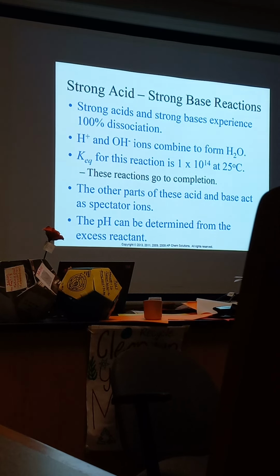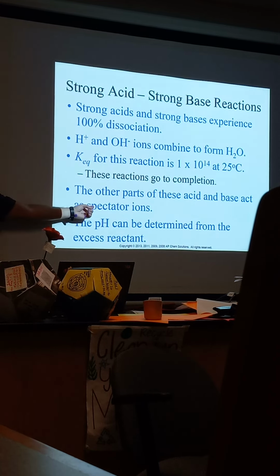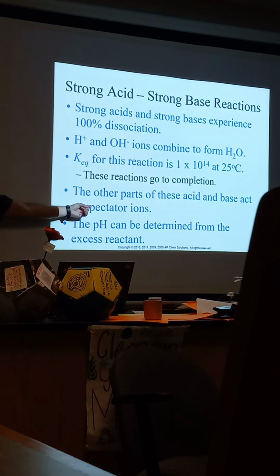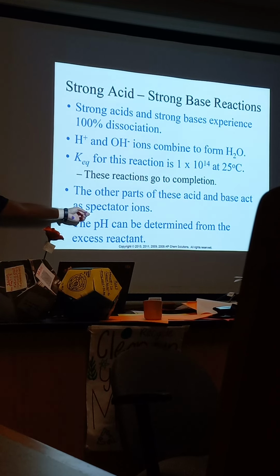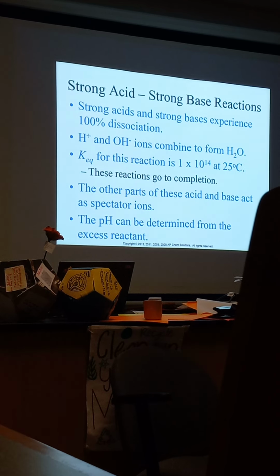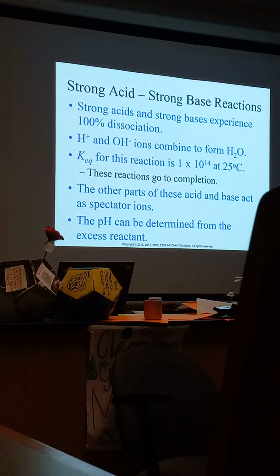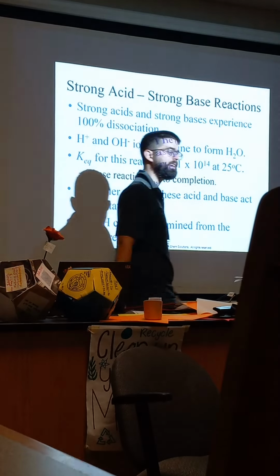Alright, so the other parts of these acids and bases act as, we've seen this word before, spectator ions. So guys, spectator ions, remember when we learned about net ionic equations?